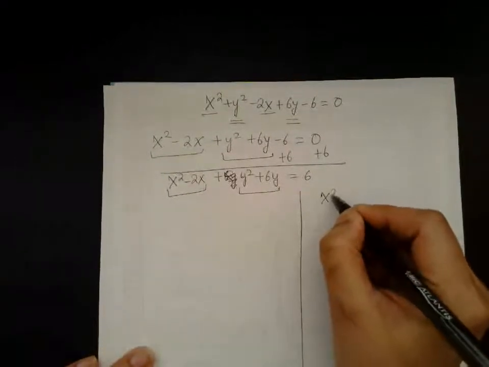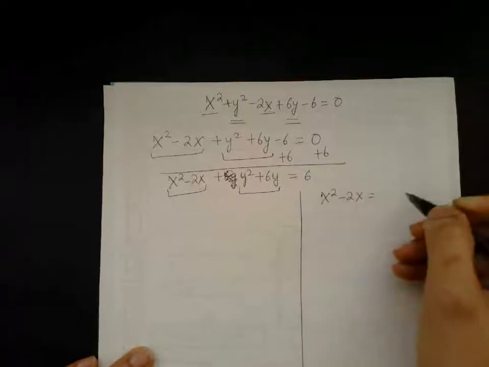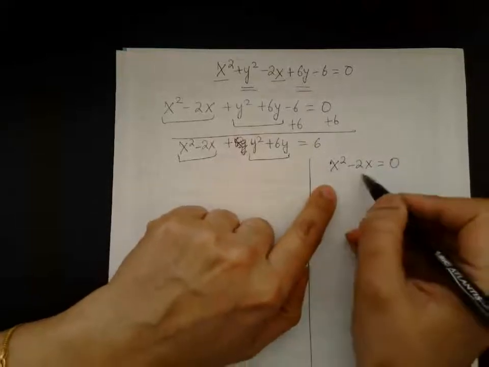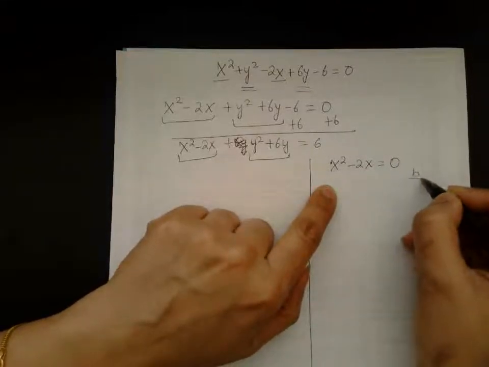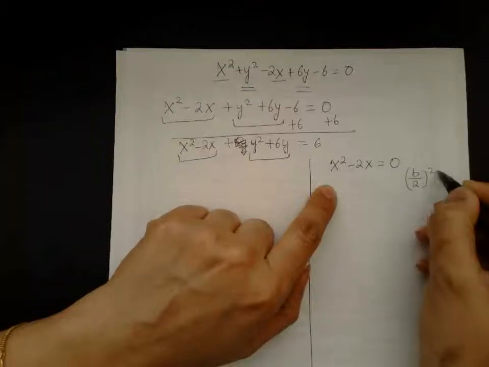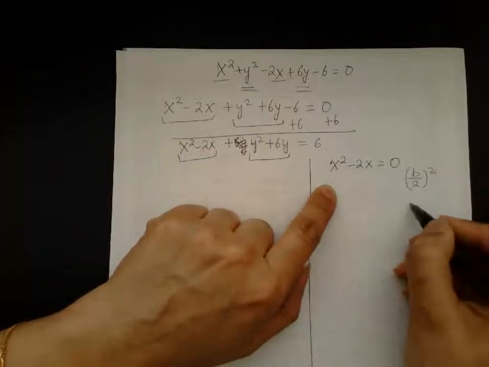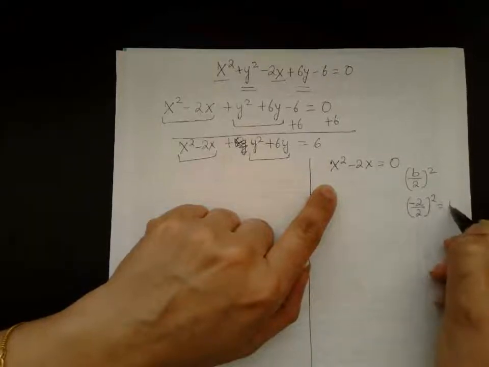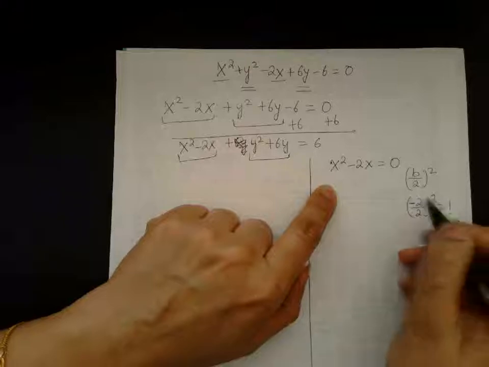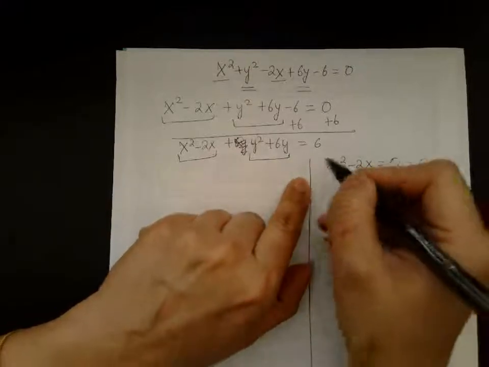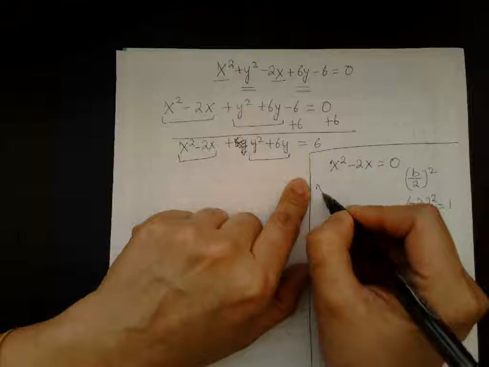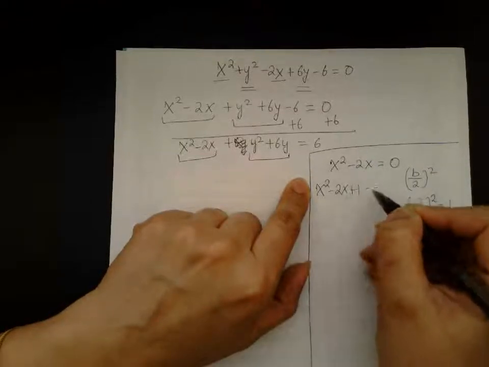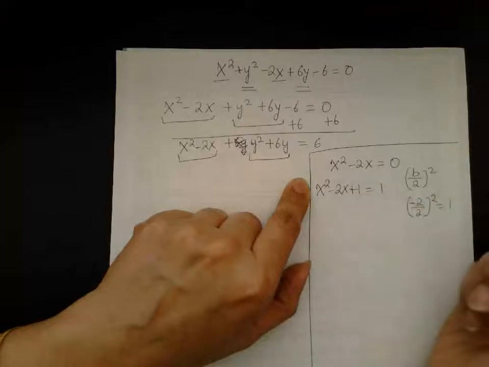Let's try for x squared minus 2x. Let's set it equal to 0 first. Half of b, squared. What is b? Negative 2. Negative 2 over 2, squared, will give you 1. Now add 1 to both sides of the equation. x squared minus 2x plus 1 is equal to 1.